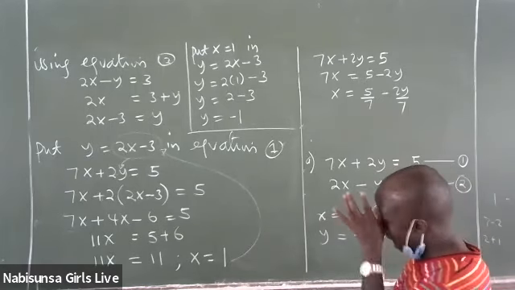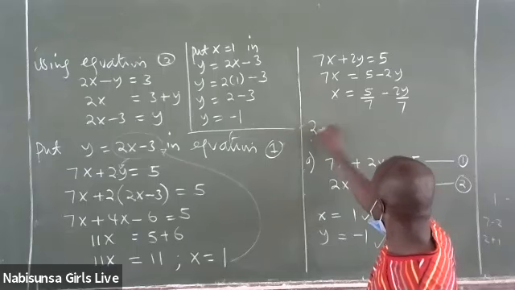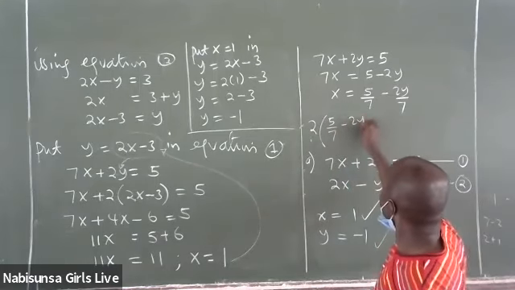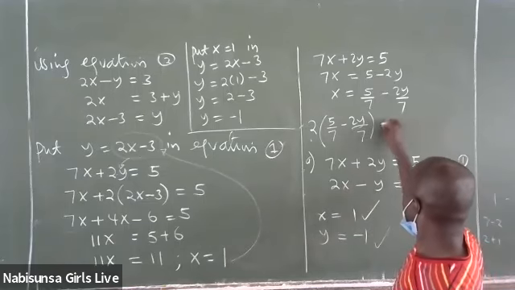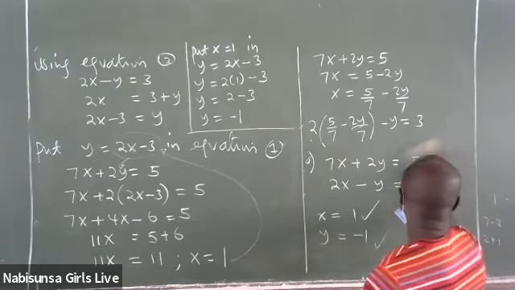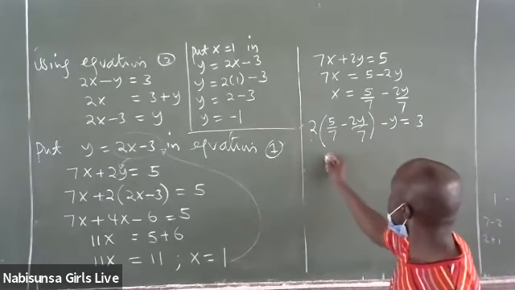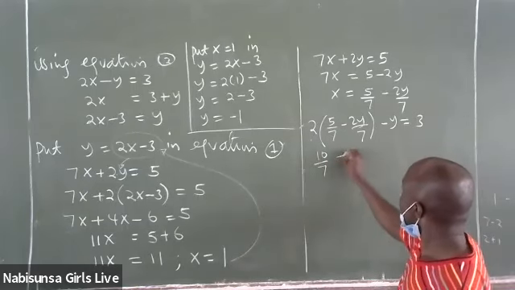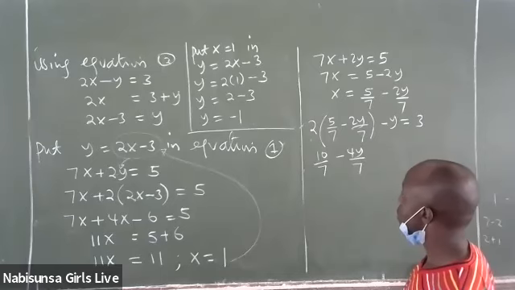Yeah. Okay. Then you substitute x here. So you have 2 into x, which is 5 minus 2y over 7, minus 3. Got something like that. Yes. Then when you open the bracket, you get 10 over 7 minus 2y over 7.